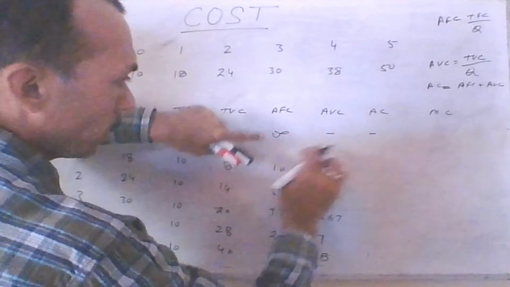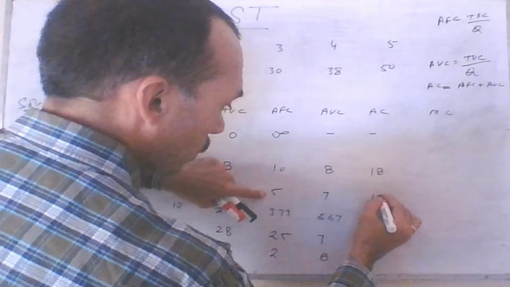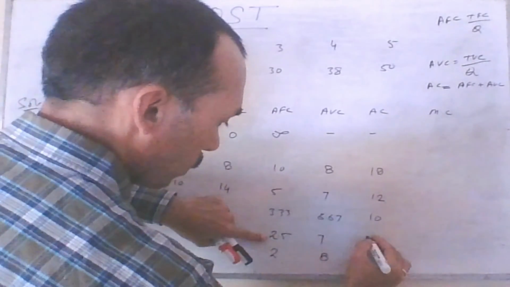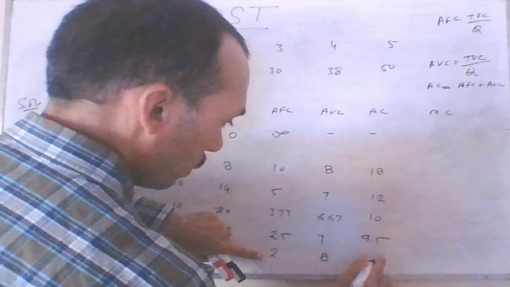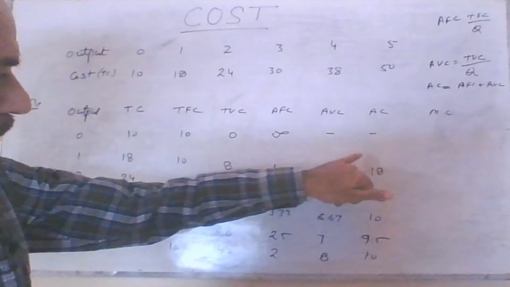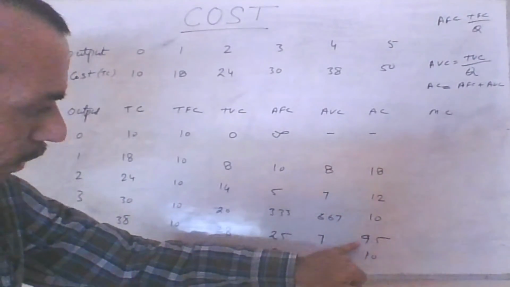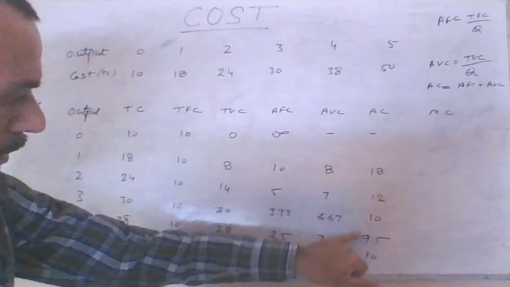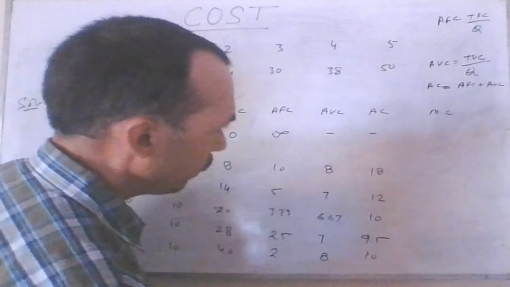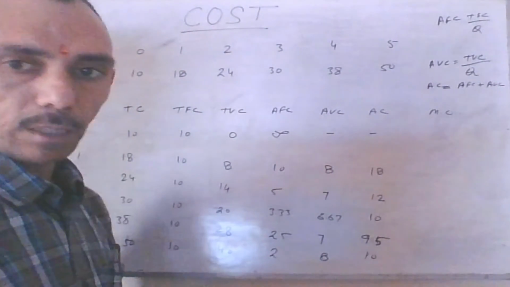Summation of this gives 18, 9.5, 10. AC also falls, then rises. Reaching the lowest point, it then starts to rise. It means AC is also U-shaped, but AC is falling at a slower rate and also rising at a slower rate.